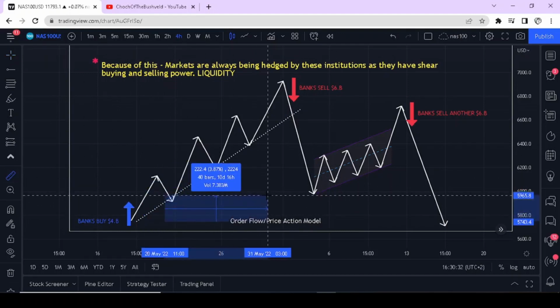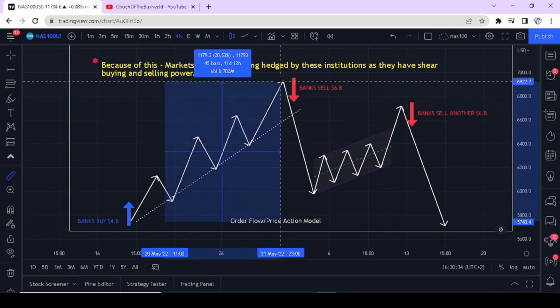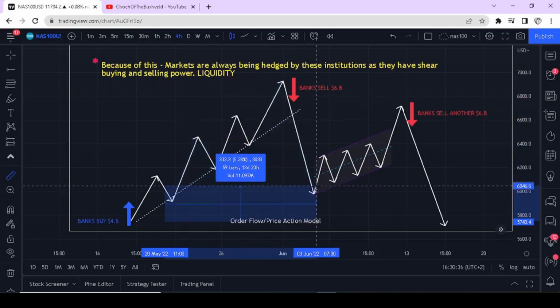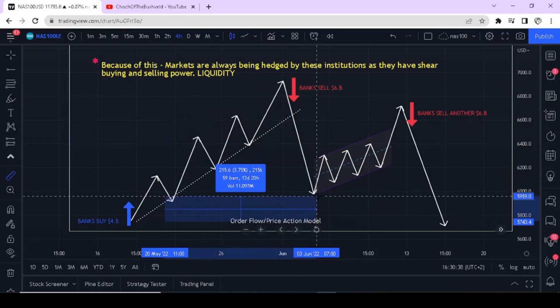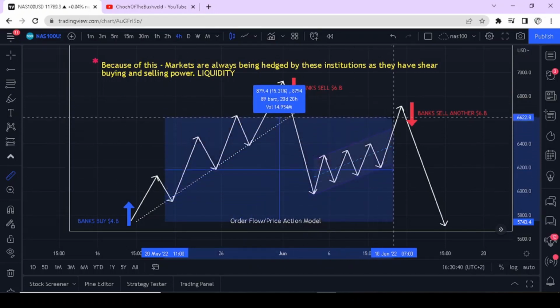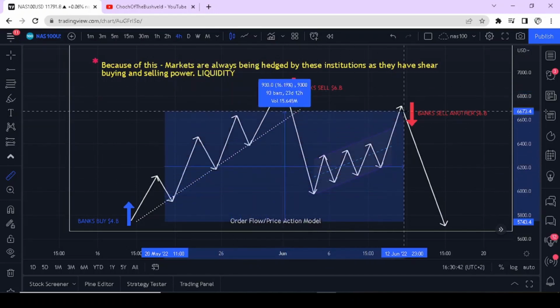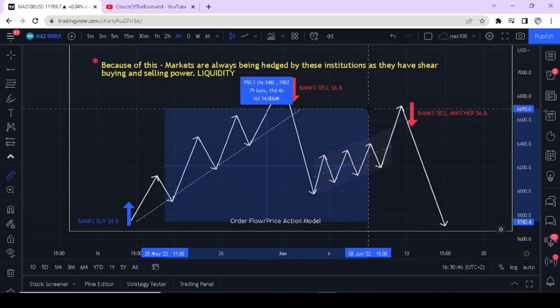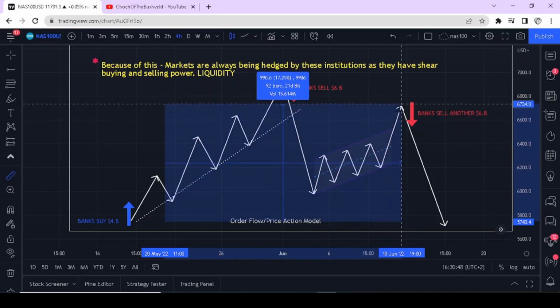It doesn't make sense. So what they do is they will push price down. They will add buy orders to push it back up. Basically, price will come and mitigate their losses, and not really losses, but pushes price back up.